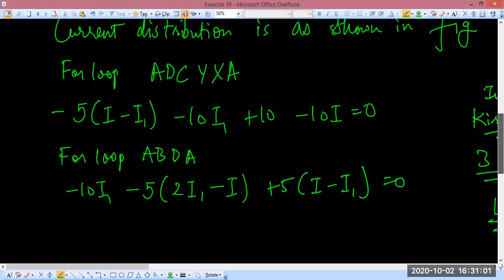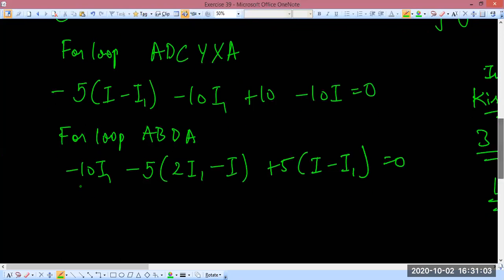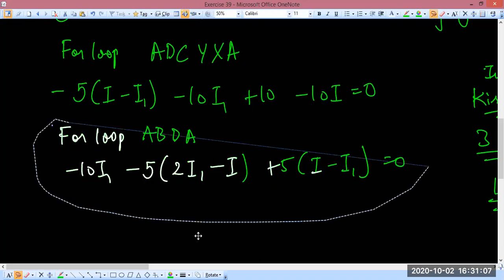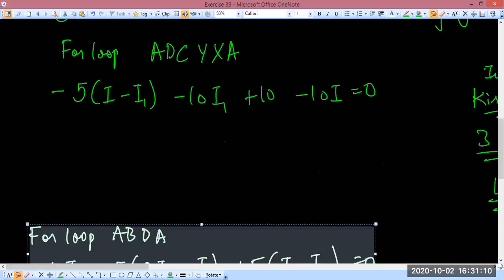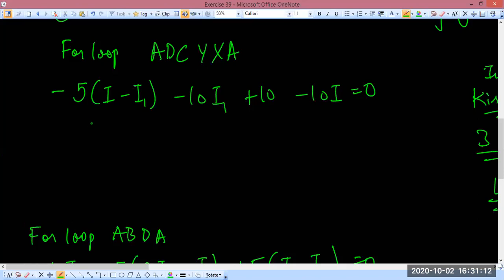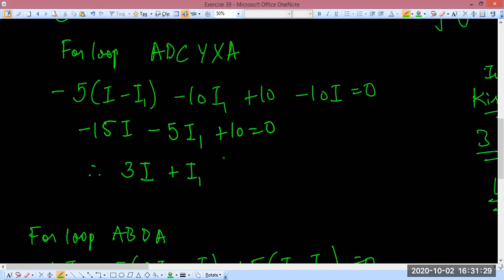Now we have got these equations. હવે આને થોડું સિમ્પ્લિફાઈ કરવા માટે મને જગ્યા જોઈએ છે. So this is the advantage of computer. So now clear?